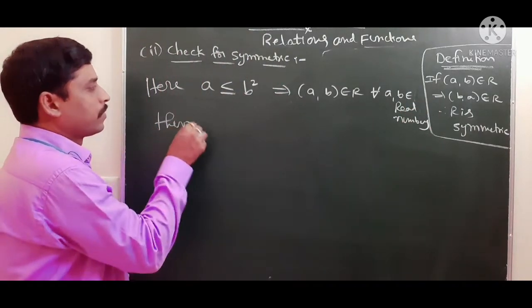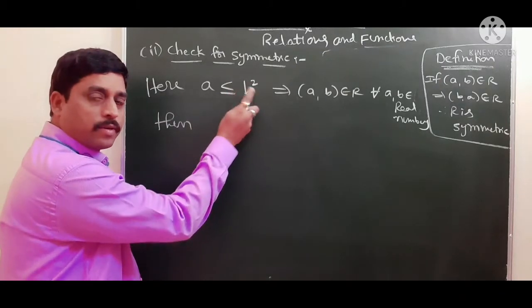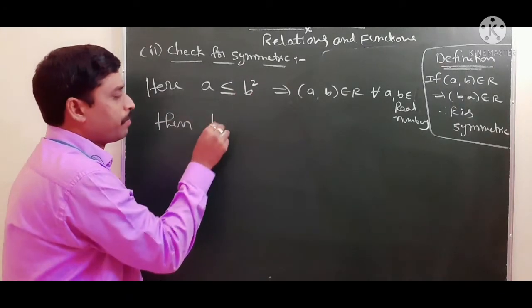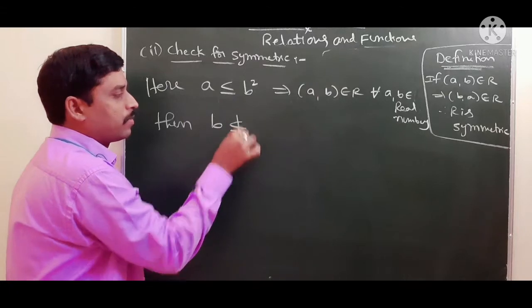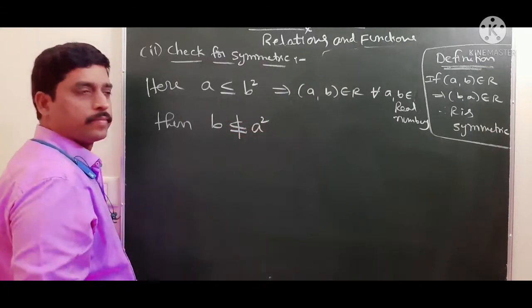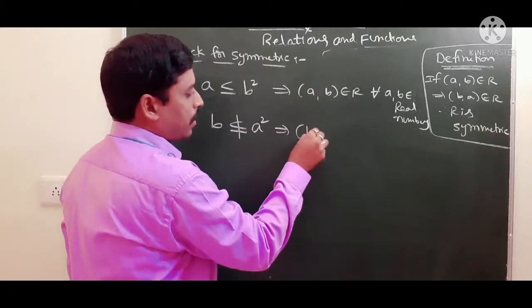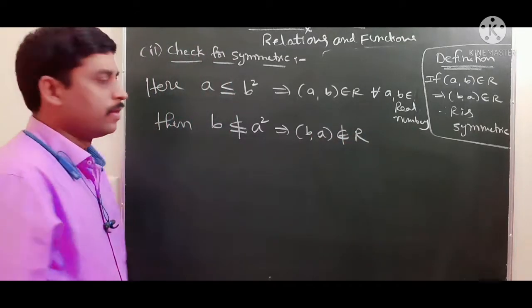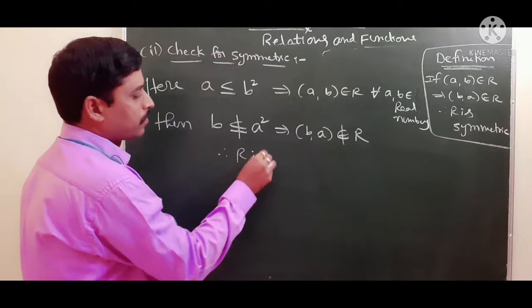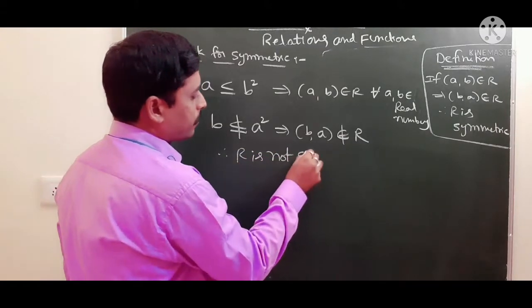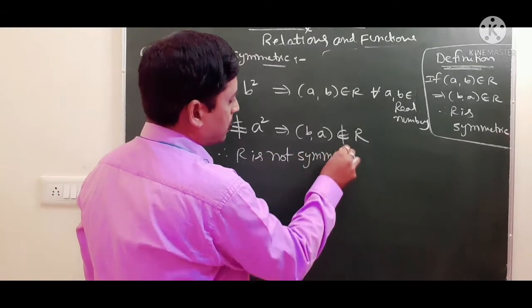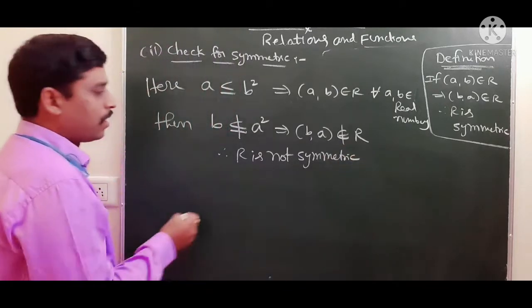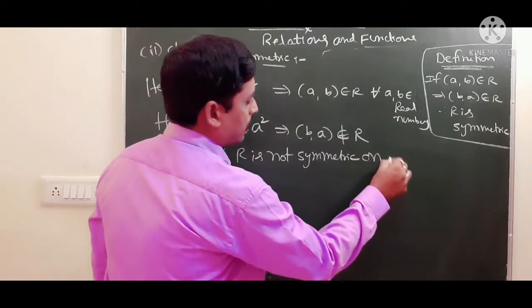Then A less than or equal to B squared does not imply B less than or equal to A squared. Therefore, (B, A) does not belong to R. Therefore, R is not symmetric on real numbers.